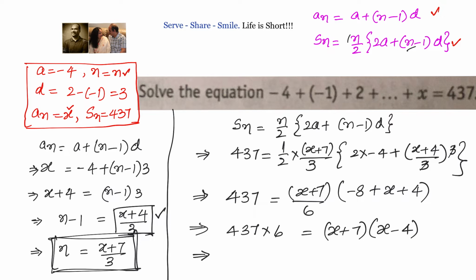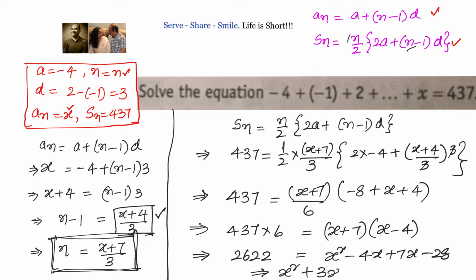So let's look at that. 437 into 6: 437 twos are 874, and 874 threes are 2622, equals x into x, x square, x into minus 4, minus 4x, plus 7x, and 7 into minus 4, minus 28. Now simplify that. We will have x square plus 3x minus 2650 equals 0.